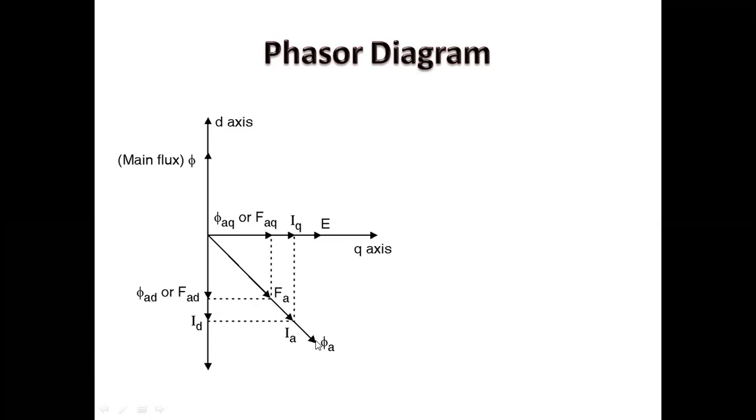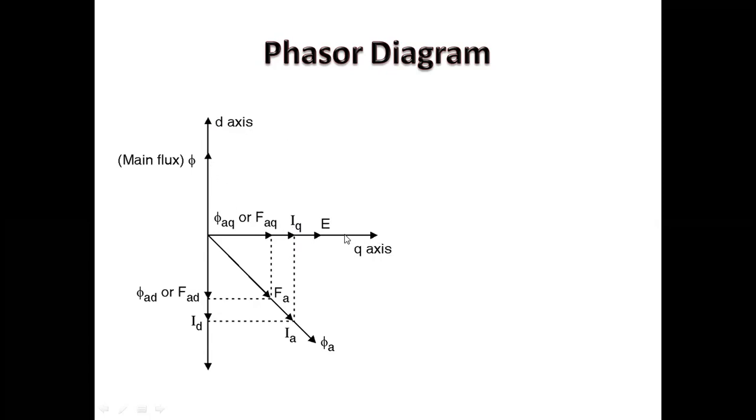So we'll just revise the sequence. First we plot d-axis vertical, main flux phi acting along d-axis. 90-degree lagging to it will be EMF E. As we know, EMF due to electromagnetic induction lags by 90-degree to the flux which produces it. Q axis will be obviously at 90-degree to D axis.